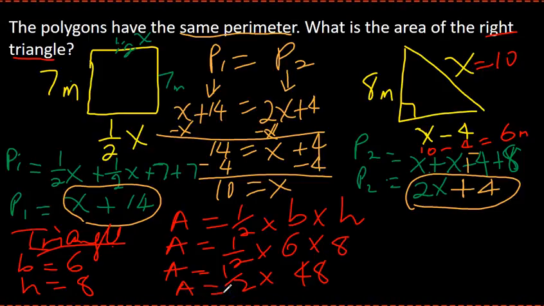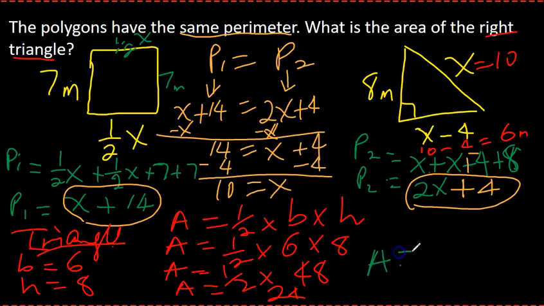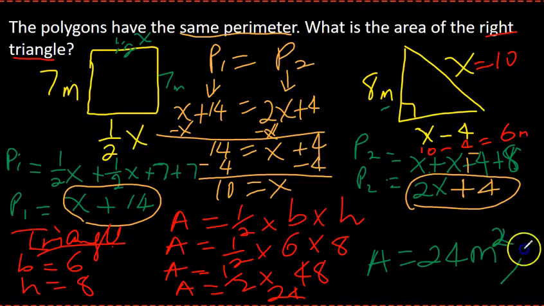And 1/2 of 48 is 24. So the area is 24. It's in meters, so it's in square meters. Remember, it's 2-dimensional, so it's area now.